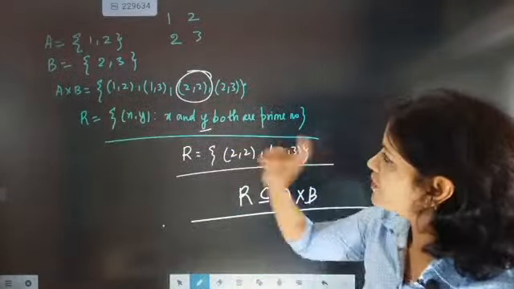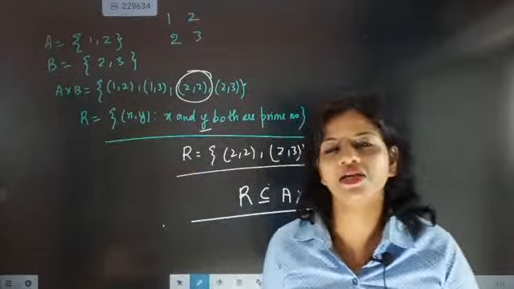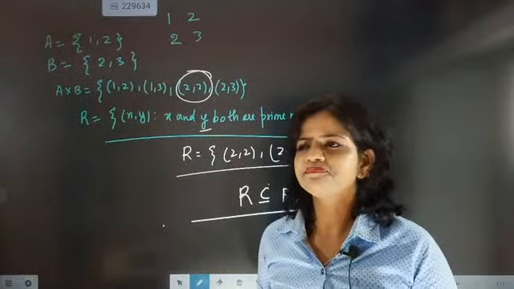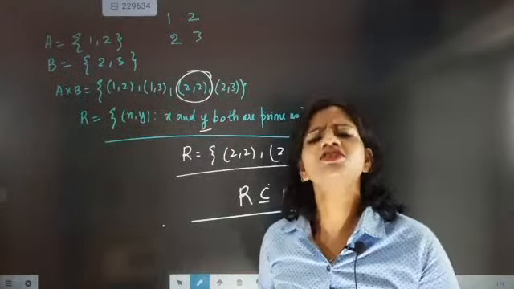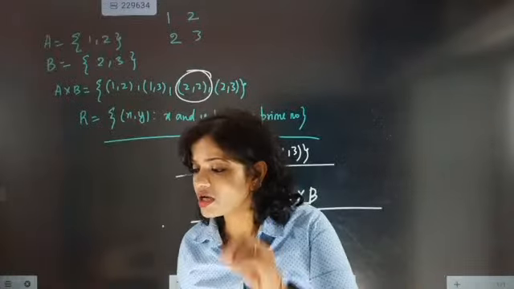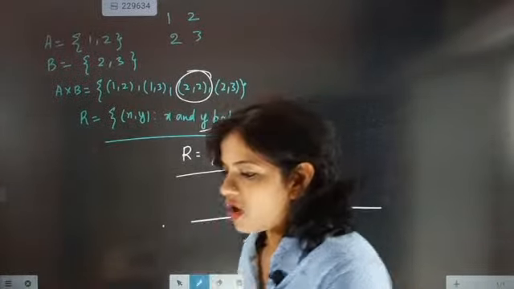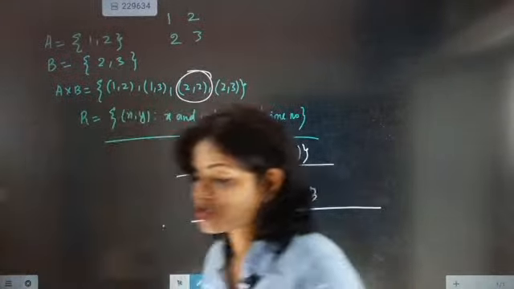Now look here. If 4 elements are there, then how many total relations are possible?